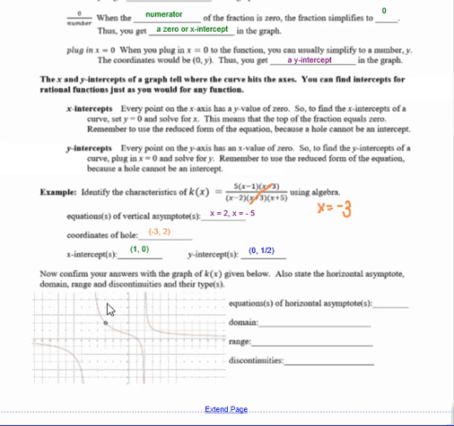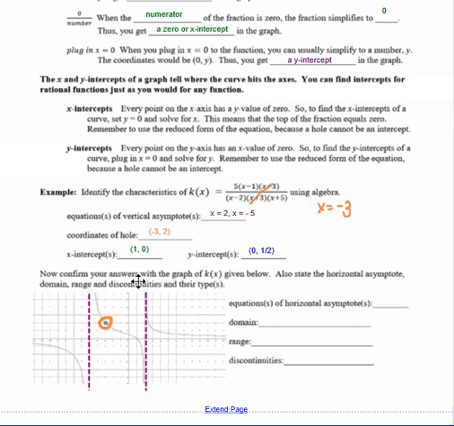So when we look graphically to confirm all these characteristics that we just got by looking at the equation, we would want to confirm that we see vertical asymptotes located here in the graph at both 2 and -5. We'd want to make sure that we see the coordinates of a hole located here at -3, 2.